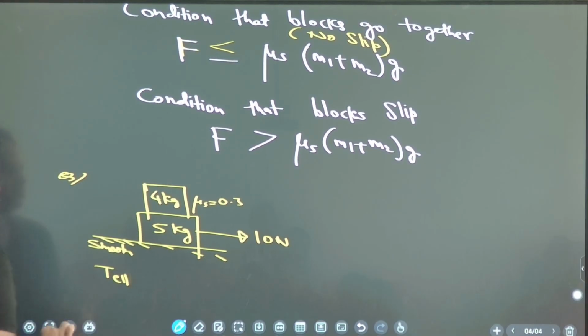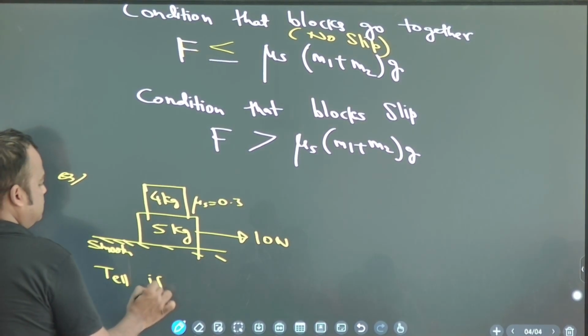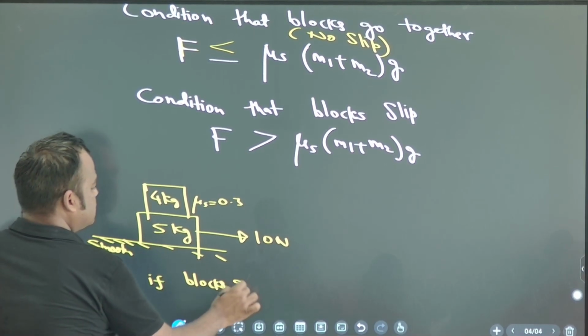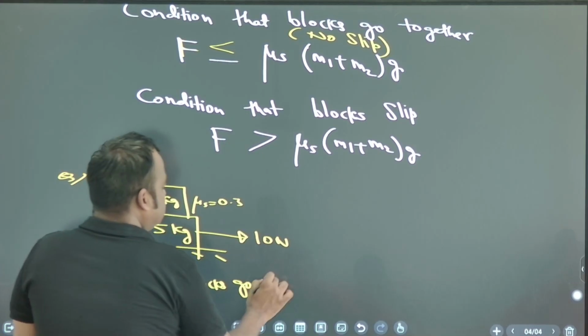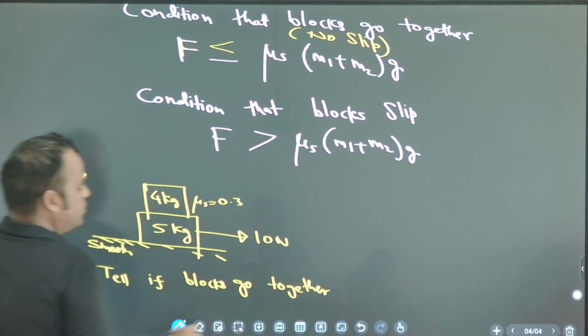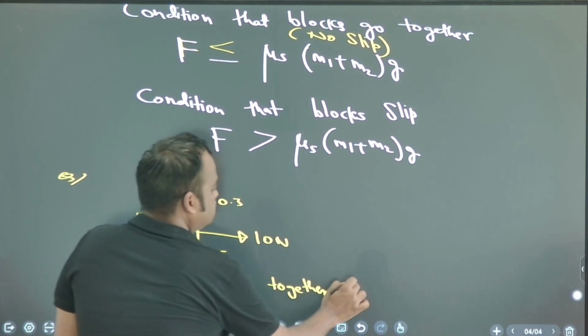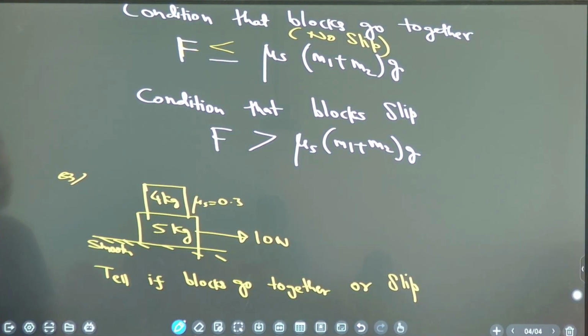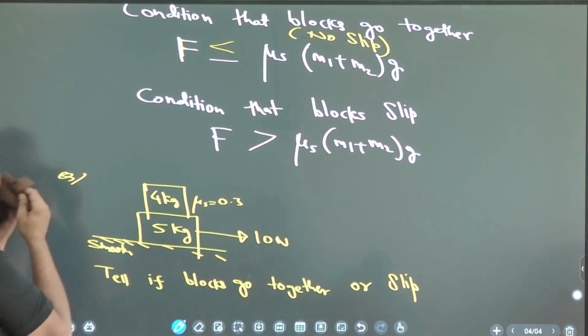Tell me if the blocks go together or slip. They will go together.